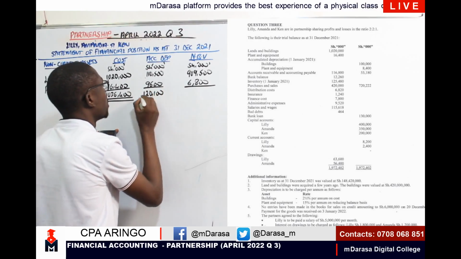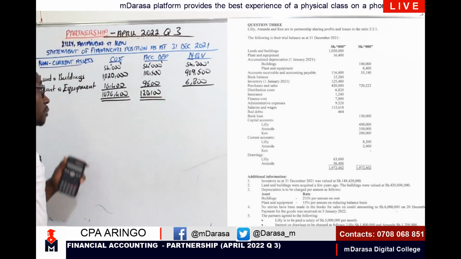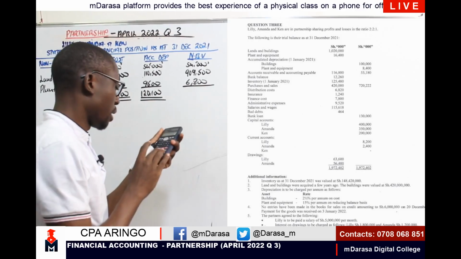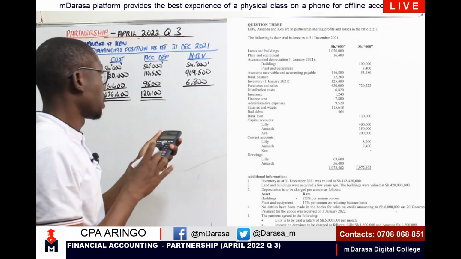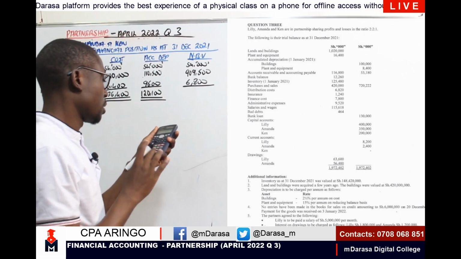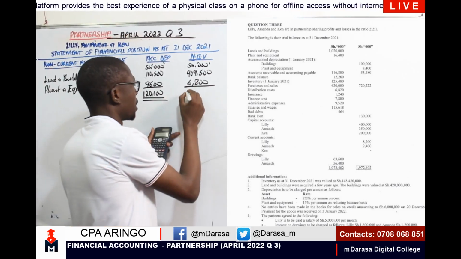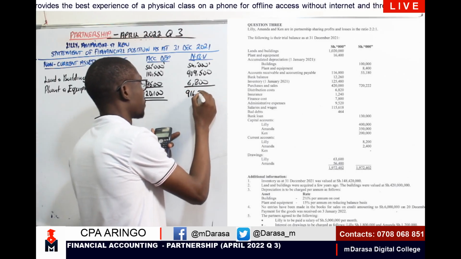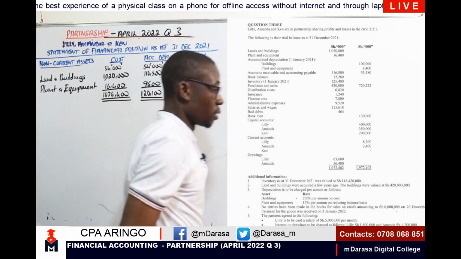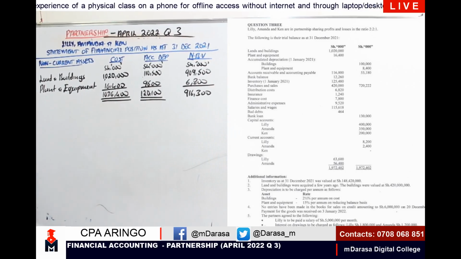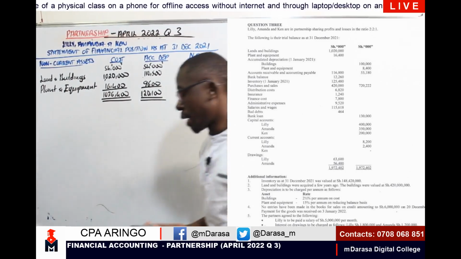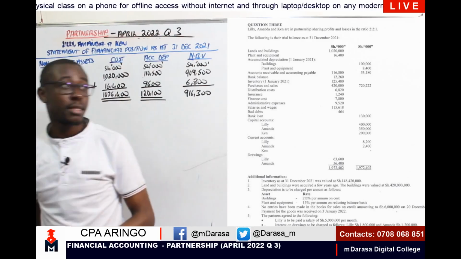We close it completely. Then the net book value, 909,500 plus 6,800, I'm having 916,300. We have that.